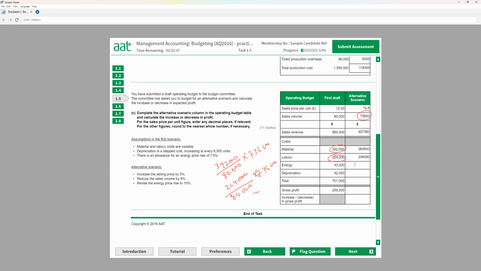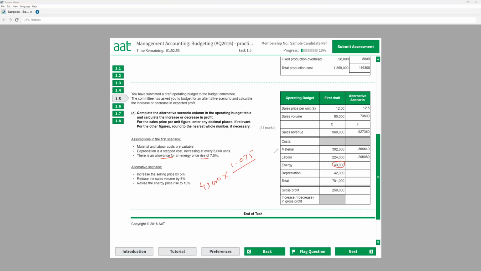Energy. The question said the energy price needs to be revised, and we have an allowance. Be very careful with this one. If this comes in the exam, you need to know how to do it. So energy we have 43,000. You have to write that first. Then you have to multiply by the new rise and divide by the allowance. So 7.5% means 7.5 divided by 100, plus 1, so that is 1.075.